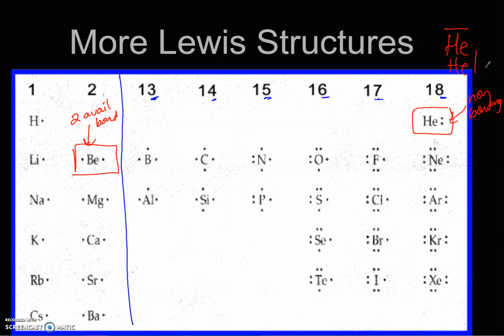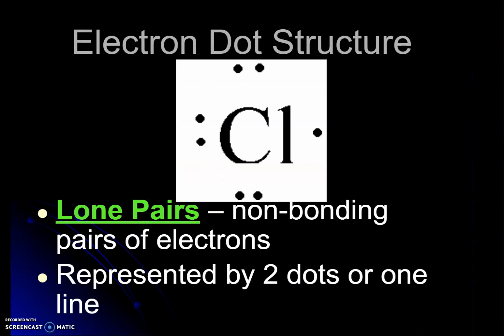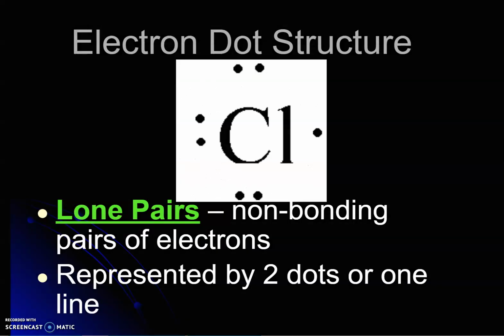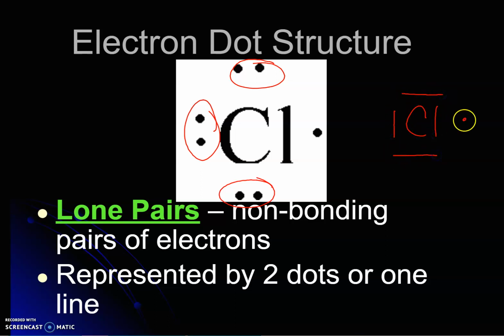Yeah, I guess you can write it that way, but it kind of looks like a laugh. So definitely do not do this with a dot here and a dot there. It's not going to work out and won't be correct. All right, but the rest of them all have their available dots. And just to point out for you, these lone pairs that you see are the non-bonding pairs of electrons. So they can be written like so as well. They can be represented as 2 dots or 1 line.